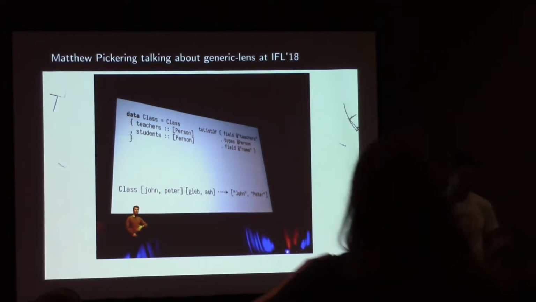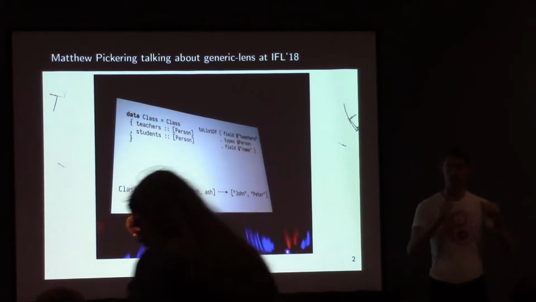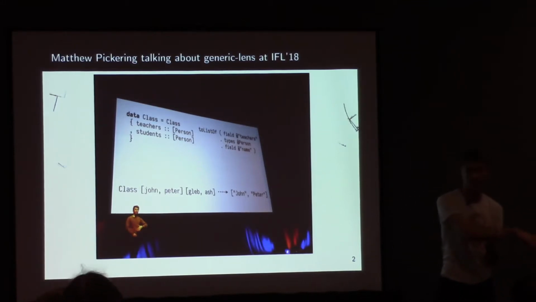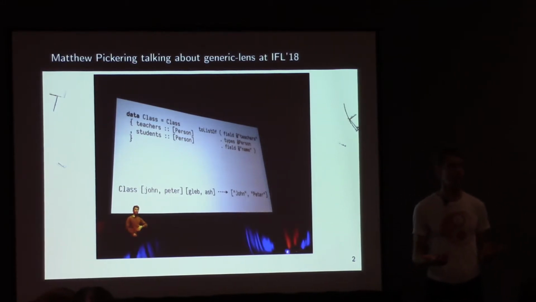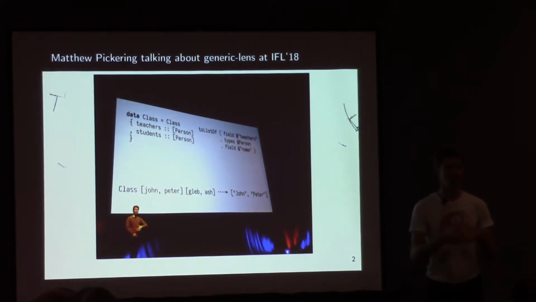So you have some data type, let's say an employee type with an age field, and you say, oh, now I need a lens that reaches into this employee type and gets the field. And rather than writing the lens by hand, as you might have done a while ago, or maybe using Pascal to generate them when you define your data type, you don't have to do any of that ahead of time. You just say type int, and it gives you a lens. And as I mentioned, it uses generic programming and type delimitation.